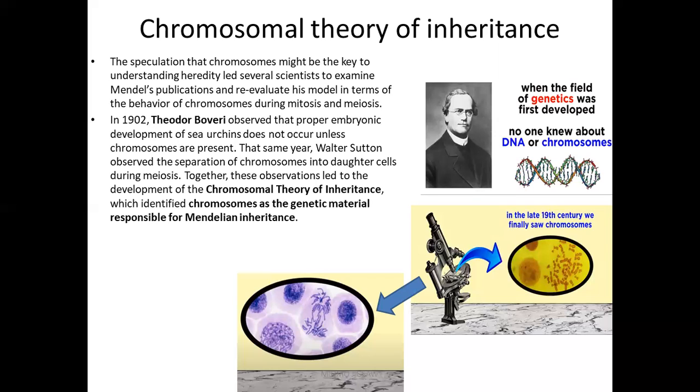We have the man Theodor Boveri. This was a German scientist who discovered that the number of chromosomes was reduced to half in the gametes. They were reduced in half during the process of cell division, otherwise known as meiosis.